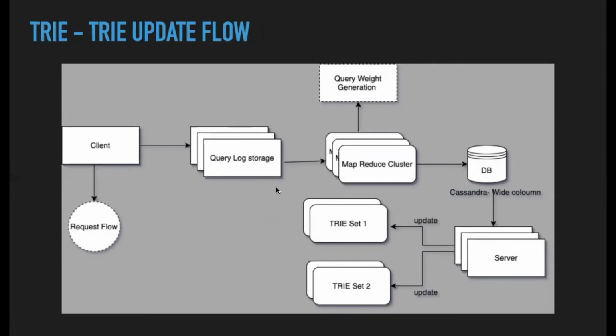Your query will be logged in this log storage, and then after, let's say, 1 hour or 2 hours or 3 hours, whichever time period you assign, all the queries within that time period will be collected by your MapReduce cluster. The MapReduce cluster's job is to collect all these queries, process them, and put them into the database which contains the trie, and then some server will update the trie dataset which is in memory.